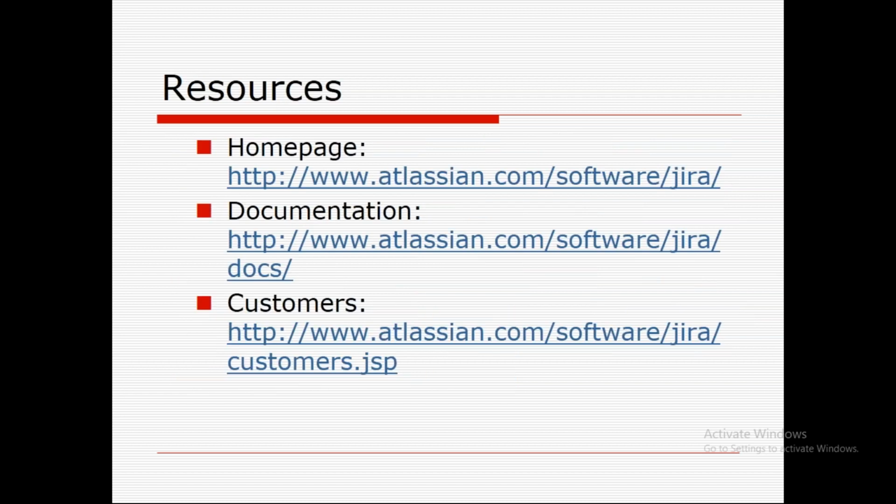For resources, the home page is www.atlassian.com/software/jira, and the documentation is at atlassian.com/software/jira/documents. You can also see the major list of customers for Jira. So that's about the tool and the various things that we can do using it.